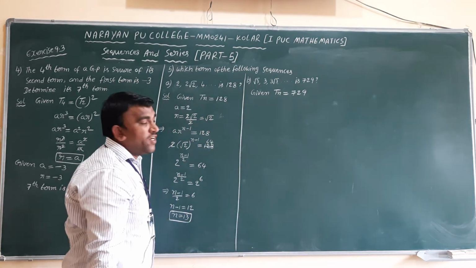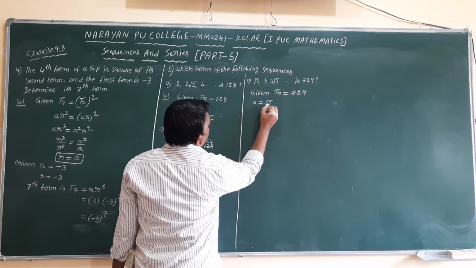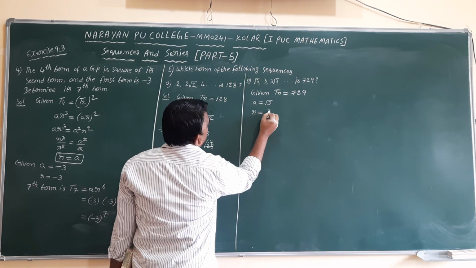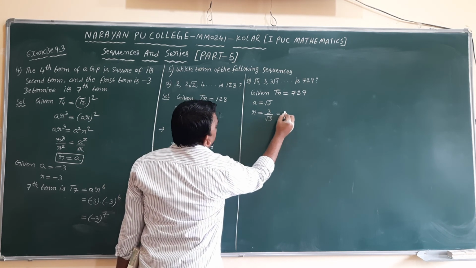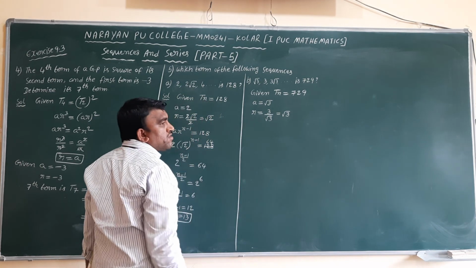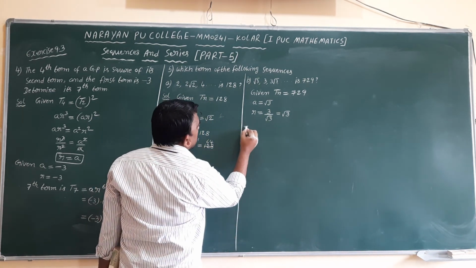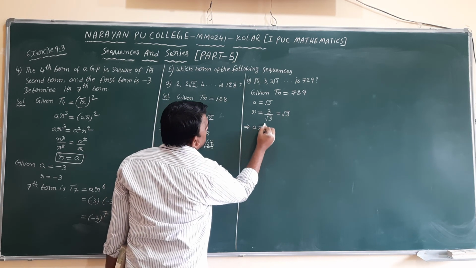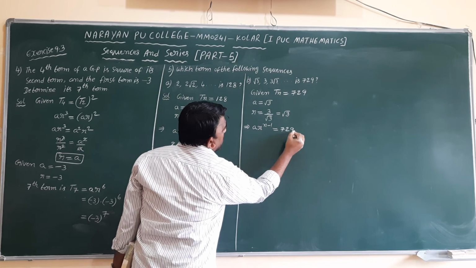So n value we need to find. So first term root 3, common ratio 3 by root 3. So this we can write as root 3. Ratio and A we got. AR power n minus 1 equal to 729. N value we need to calculate.